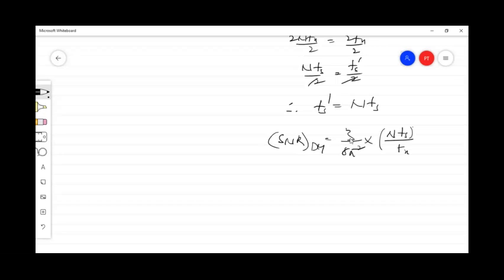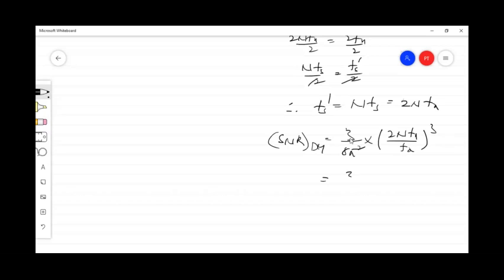You can also write n fs as 2 times n into fx. So here it is actually 2 times n fx by fx whole cube.